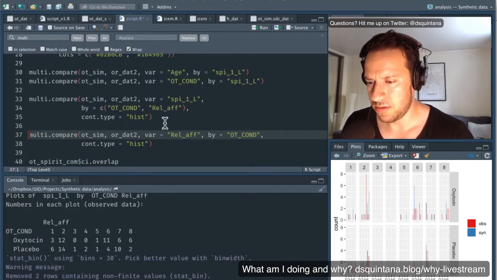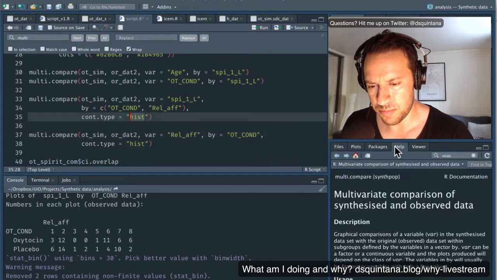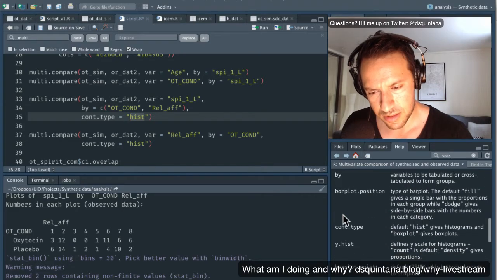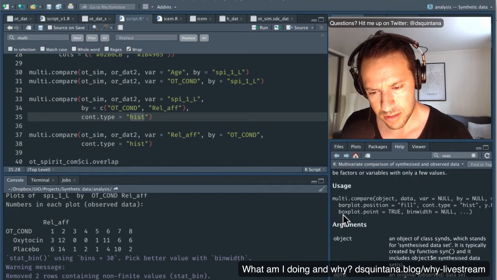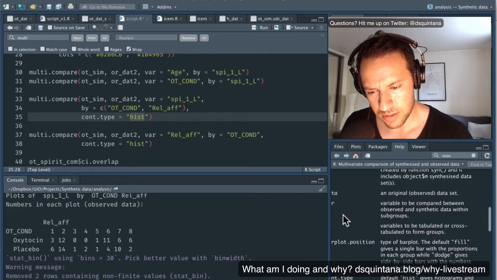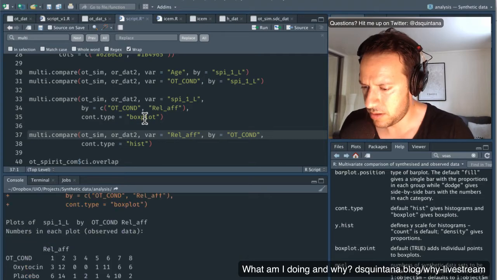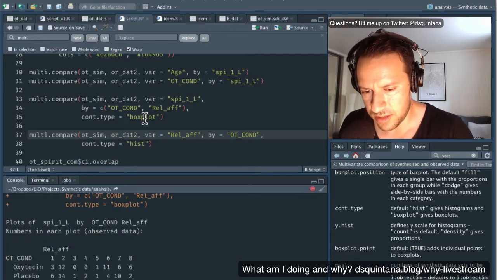What if we do box plot? How do they spell it? Cont type. Box plot, one word. Yep. What is this going to give us?